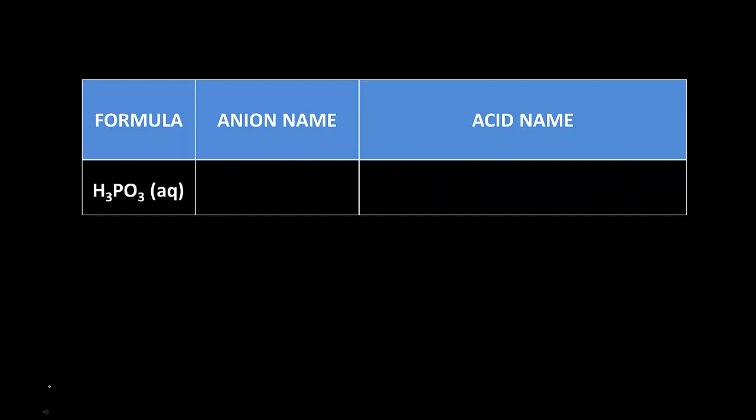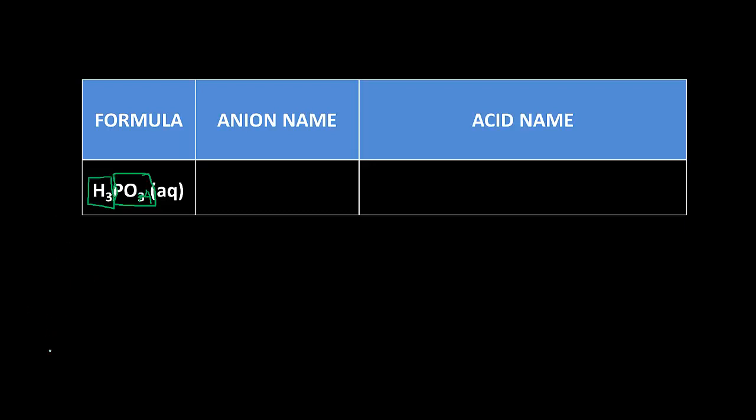Okay, next example. We need to change this to PO4. It is not a 3. First thing we're going to do is look at this and name it. We know it's an acid because it starts with a hydrogen. Anything that starts with a hydrogen is an acid. Now we need to find out our anion name. Our anion is everything that is after the H, so that's the PO4.